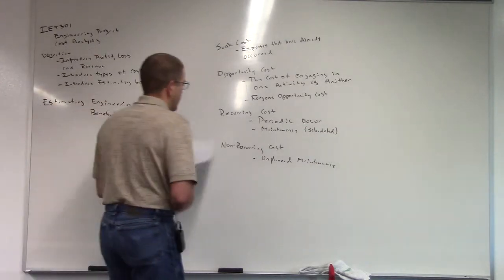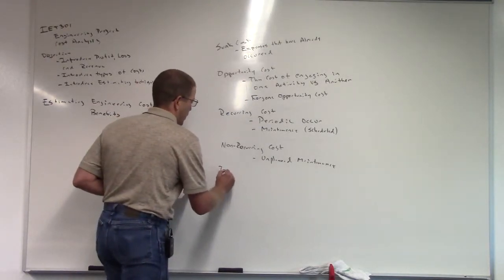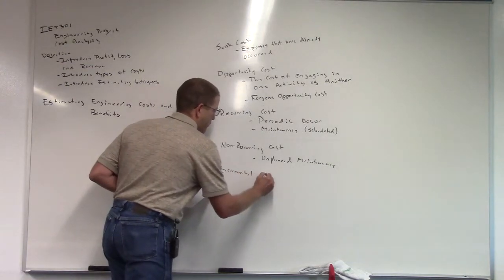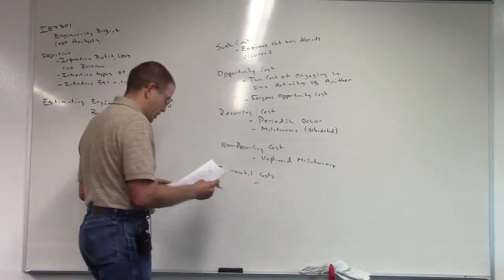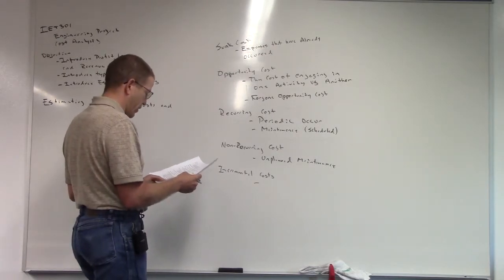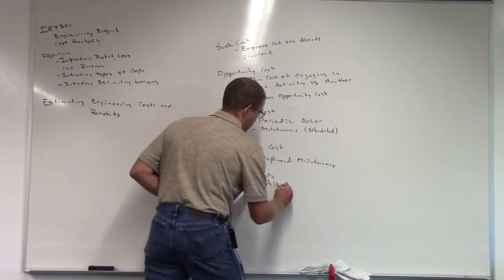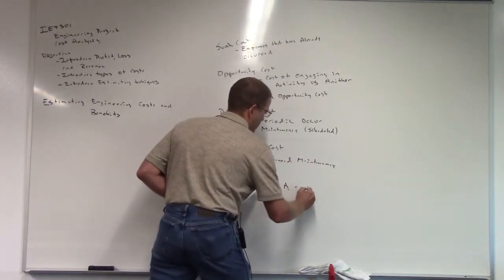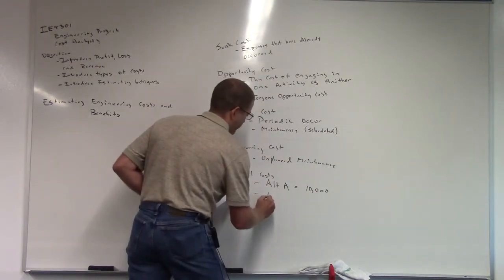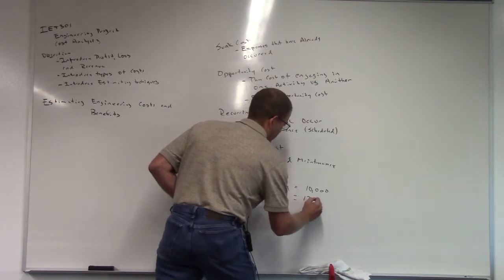The last type of cost that we're introduced to is incremental cost. Incremental cost provides you a way of analyzing two different alternatives. Let's say that alternative A costs $10,000, alternative B costs $12,000.